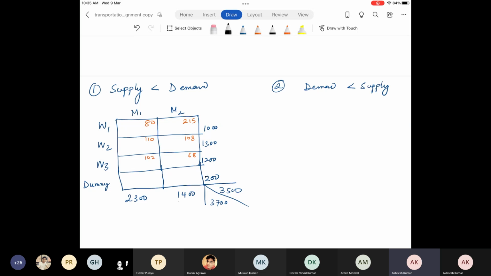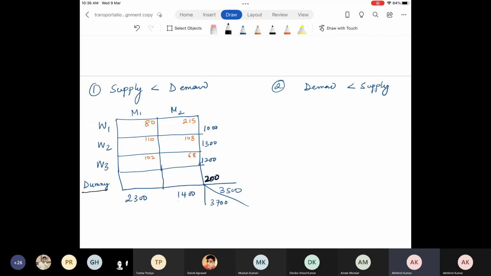We can give the 200 extra demand that is required from this dummy warehouse. Although this will not exist in practice, to use any of the transportation algorithms I need to balance it, then only I will be able to use transportation algorithms.